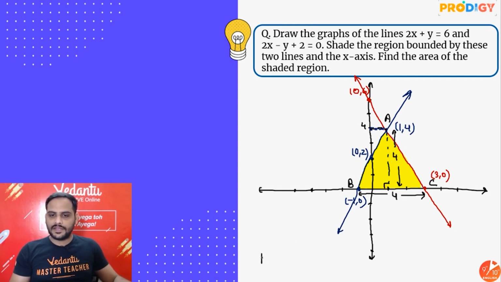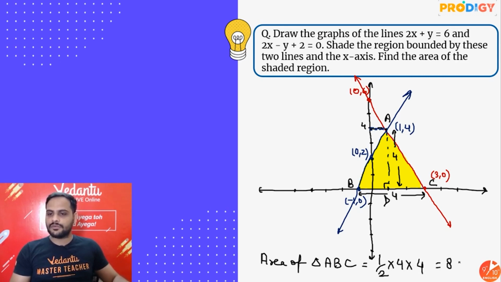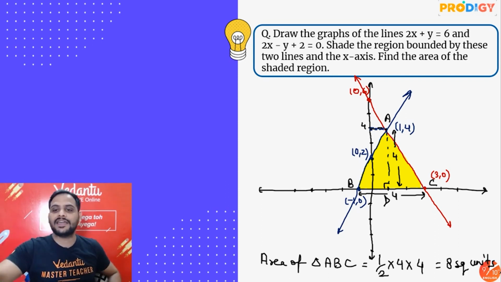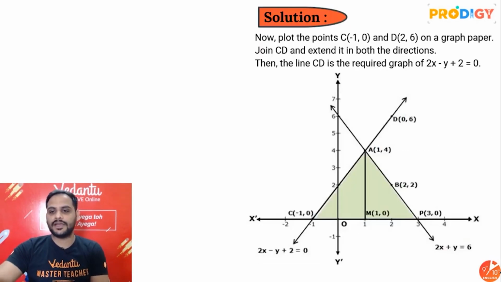So I can say area of triangle ABC will be equal to half into base. I can take BC, which is 4, and height I can take, let's say this is a point D, AD, which is again 4, which is equal to 8 square units. So area enclosed between both lines and the x-axis will be 8 square units.